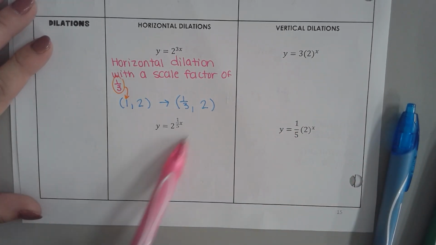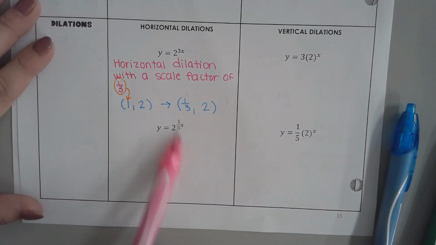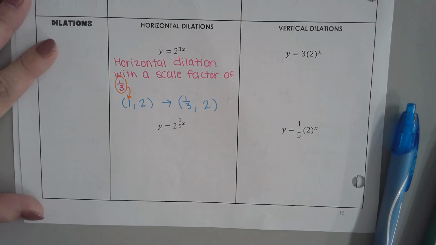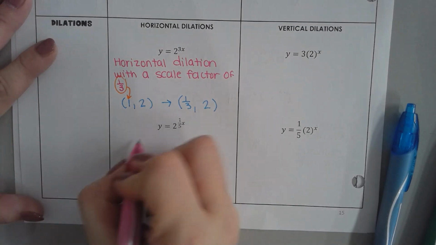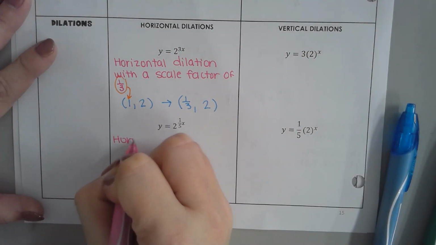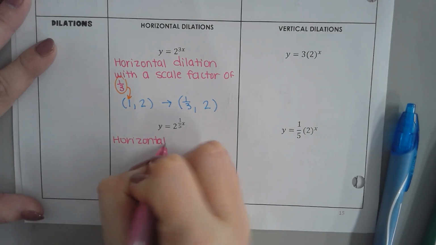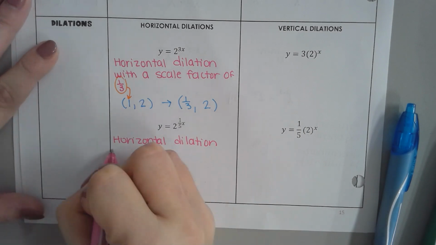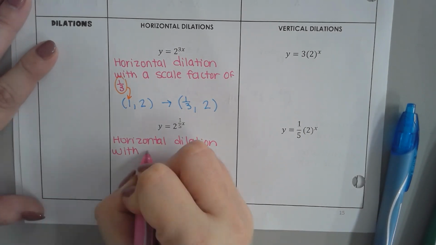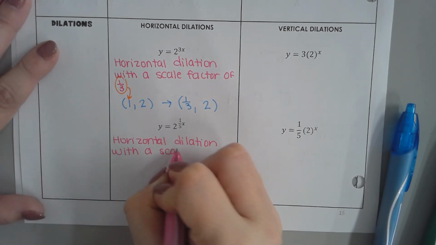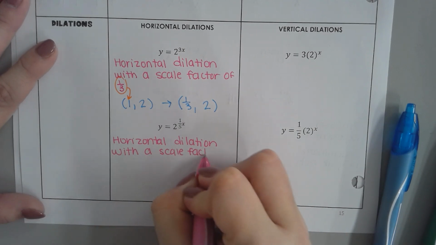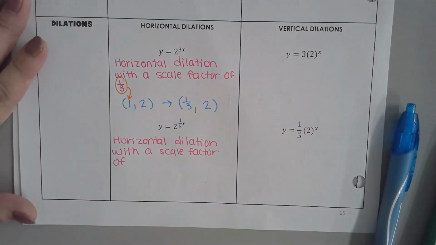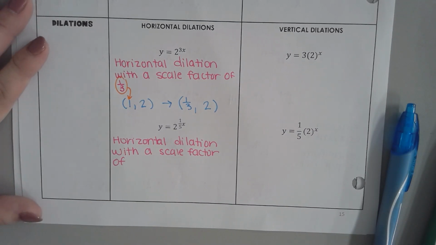And the second example is still a horizontal dilation because the x is being multiplied by 1/5. So I would say it's a horizontal dilation with a scale factor of, what do we think this one's scale factor is?